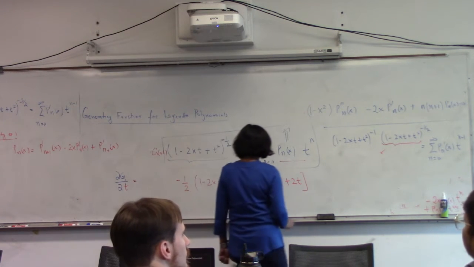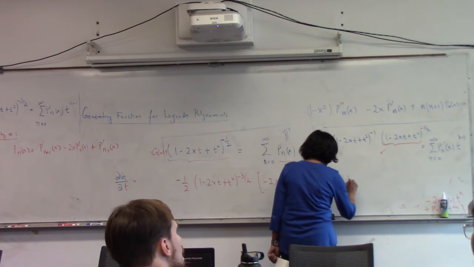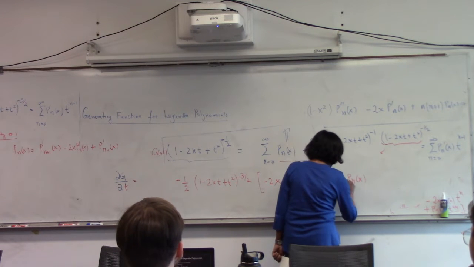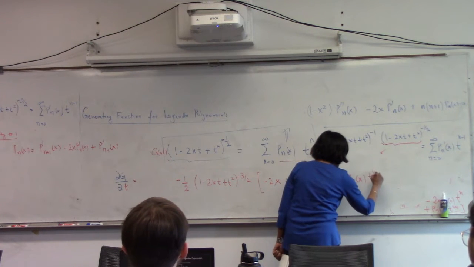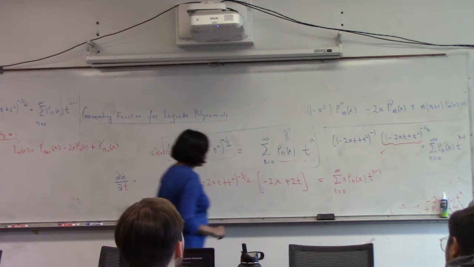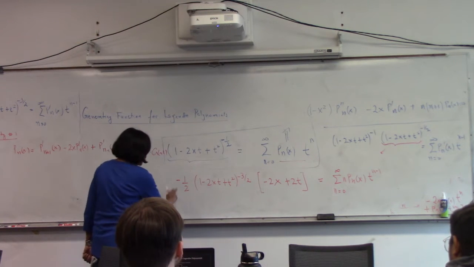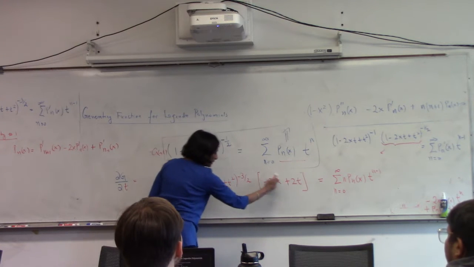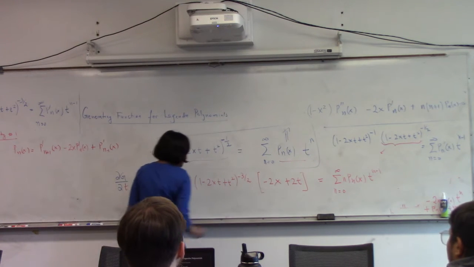My right-hand side will become n P n t to the power n minus 1, n going from 0 to infinity. So I can cancel the 2 and take the negative sign.